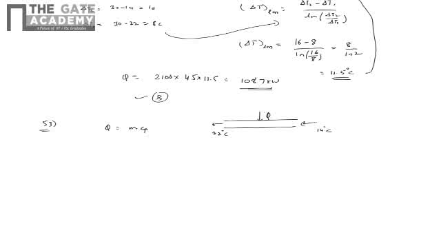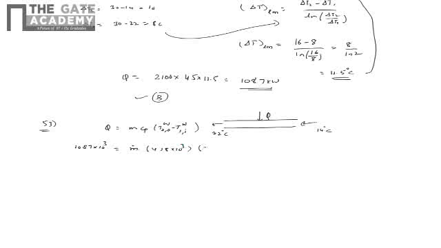So Q = m cp ΔT, that is, T of water out minus T of water at inlet. Mass flow rate is asked, specific heat is given as 4.18 kilojoules, and Q is 1087 kilowatt.